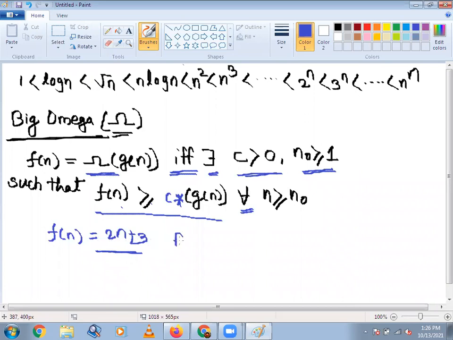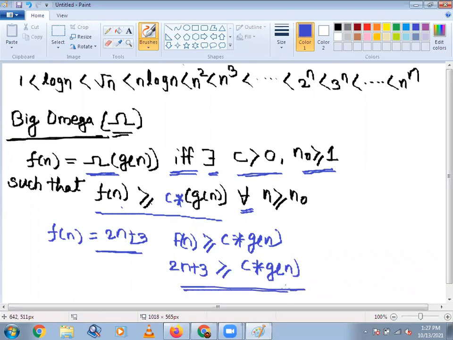So f of n is greater than or equal to c into g of n, then 2n plus 3 is greater than or equal to c into g of n, where c is any positive constant.